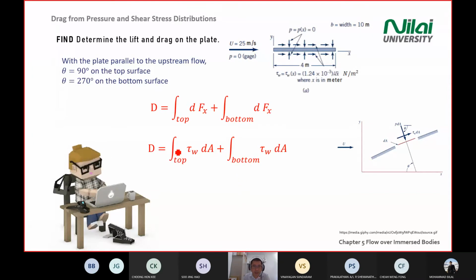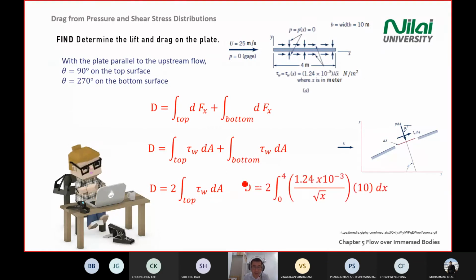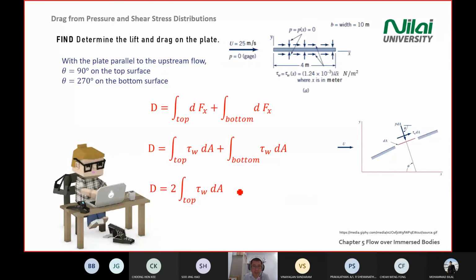Both have the same magnitude and both are positive. So you will have 2 integrations of shear stress times dA. So this is your drag. The rest is just substitution of what is given in the diagram.